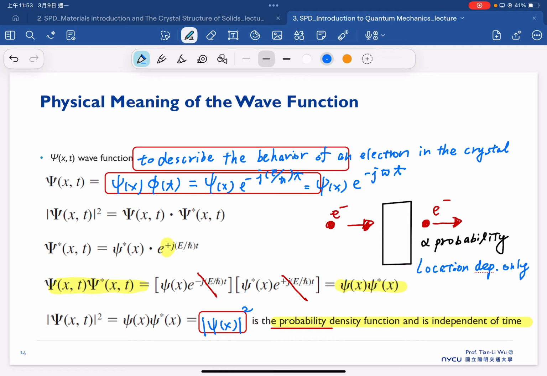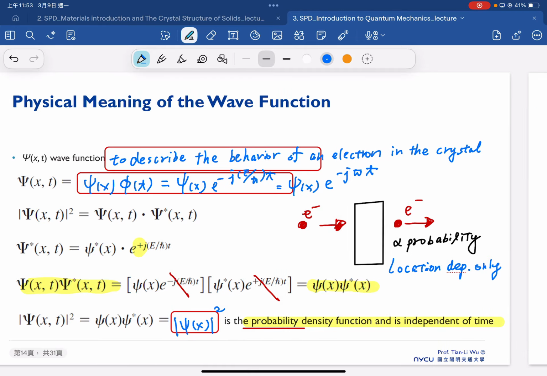So we can only estimate the probability for this electron tunneling. So that's a main, very important meaning coming from the wave equation. And this will later have a great impact on our analysis for this tunneling mechanism.